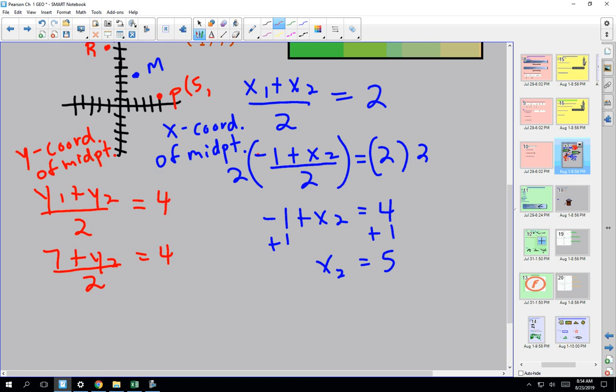So y sub 2 equals 1. My picture actually turns out to be fairly accurate, right? So 5, 1. If you were working on graph paper, you could totally do this whole problem without doing any algebra. You could just count 3 down and 3 over from that midpoint, right? And that would be a viable way of doing this, at least as long as the other point is an integer point. It's not too far away.